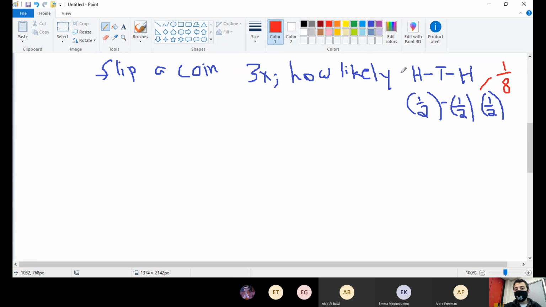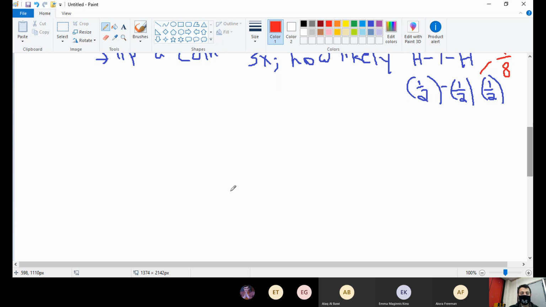All right, so I'm going to show you why this multiplication rule works, why it is true, by mapping out the sample space. When you flip a coin, it can either be heads or tails.